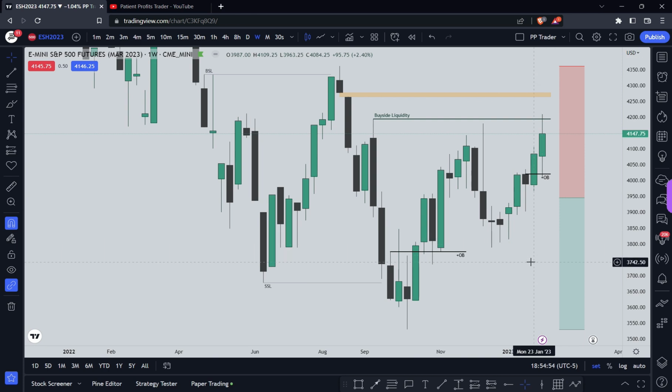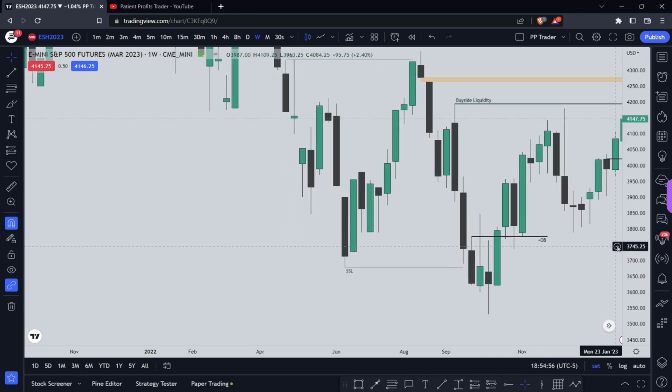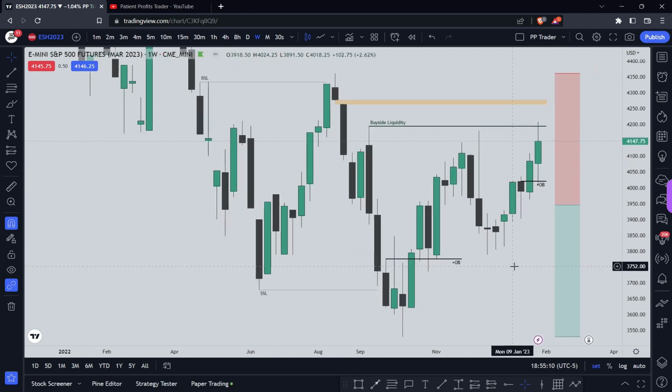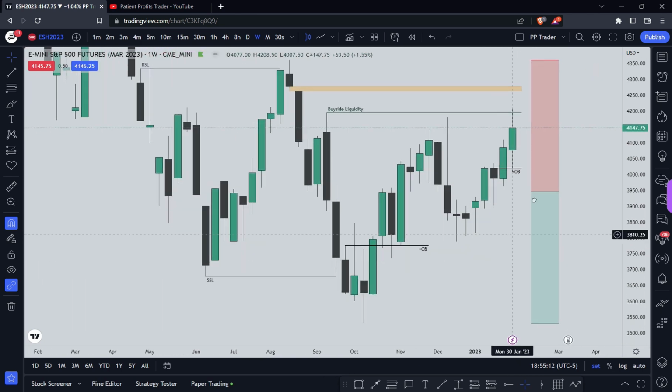So when we started trading at the start of the week, this is how the chart was looking, right? So my expectation was that we would likely seek to take out these relative equal highs, and as you can see, that's exactly what happened in the course of the week.